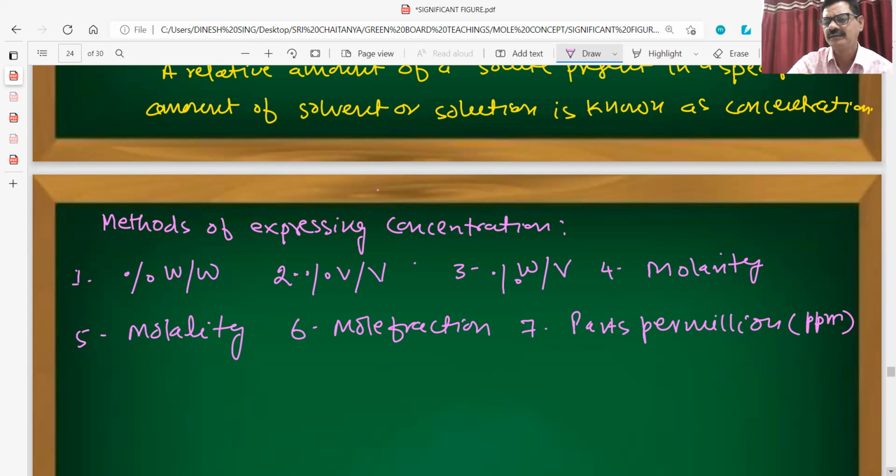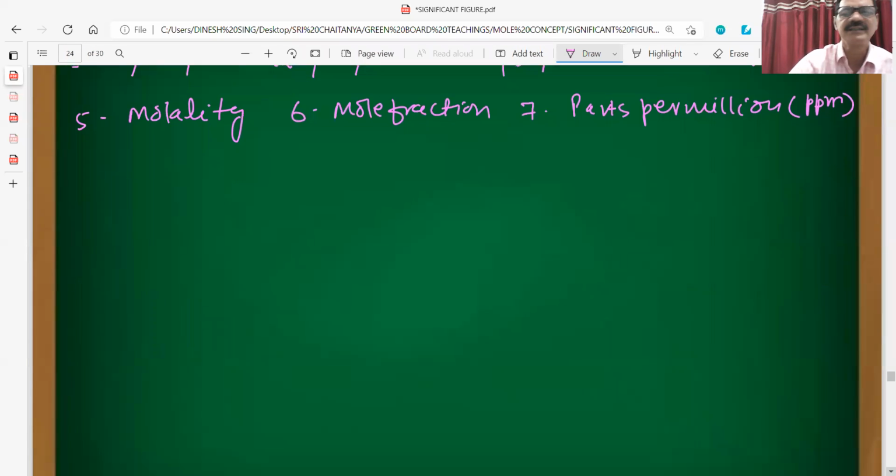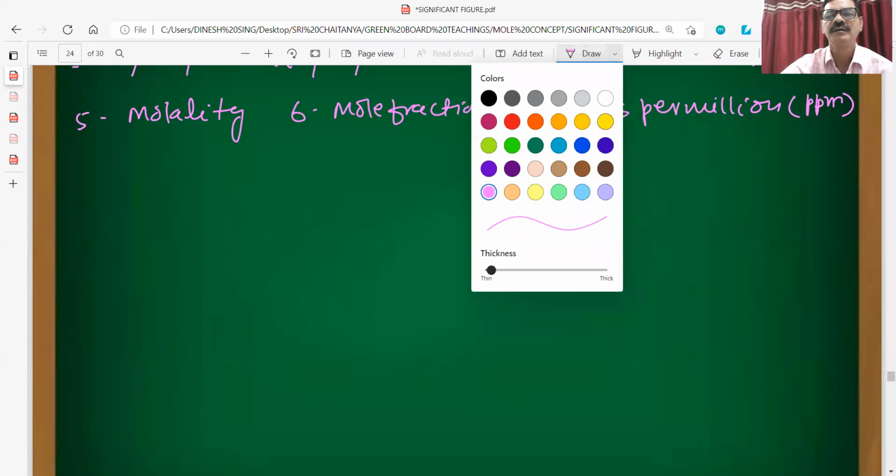First we define what is the definition of weight by weight percent.